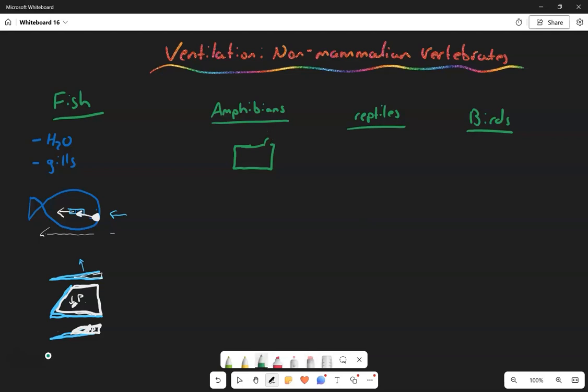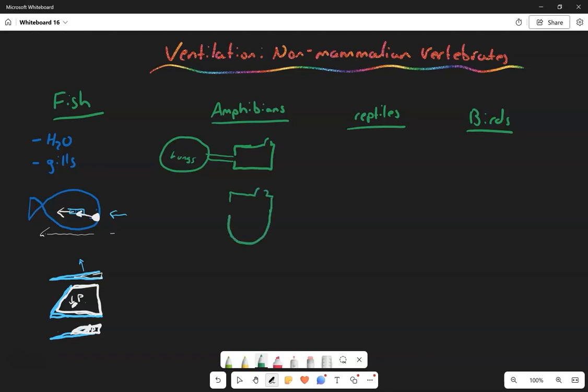There we go. There's our nares, and they're open. Okay, so in amphibians, what's going to happen is that this buccal cavity is then connected to the lungs. Very basic diagrams here. Okay, like so.